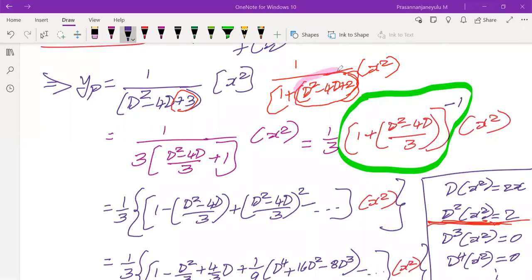But now, if you take this as our function, in this, what is the least power of d? 0. That means a constant term is there. So d power 0. If the least power is 0, 0 power 1 is there, 0 into 1 is 0. Next, the least power is 0, 0 into 2 is 0. Like that, how many terms will we get?